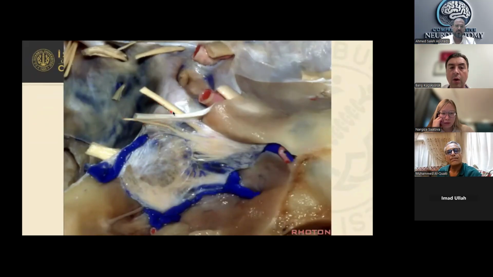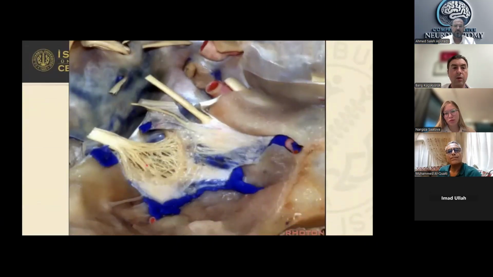So they go together, and this is the fifth nerve here. Still, we don't see the right-sided sixth nerve, while this is the left-sided one, but we're going to focus on the right-sided ones. So the third nerve and the fourth nerve are joining together to extend to the superior orbital fissure, which is located below the anterior clinoid process.